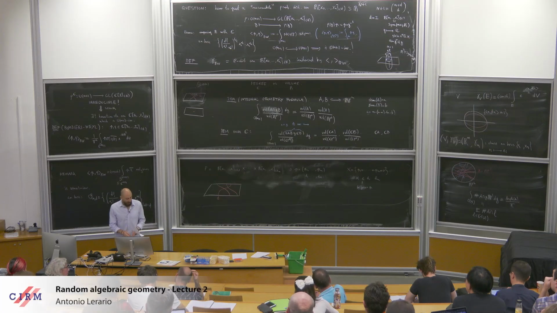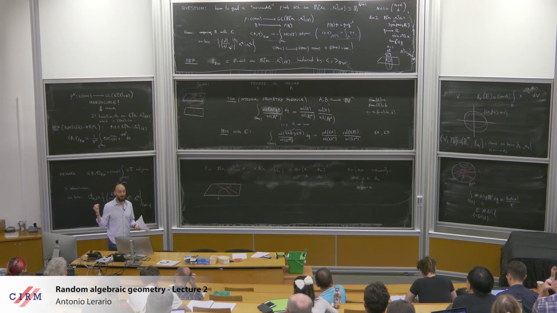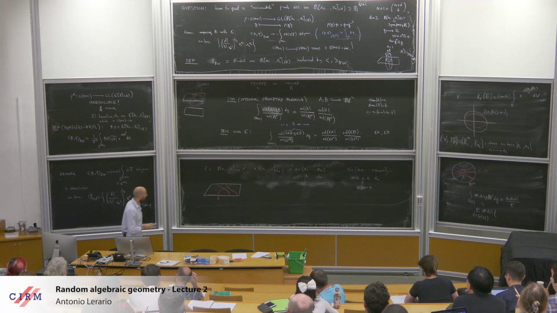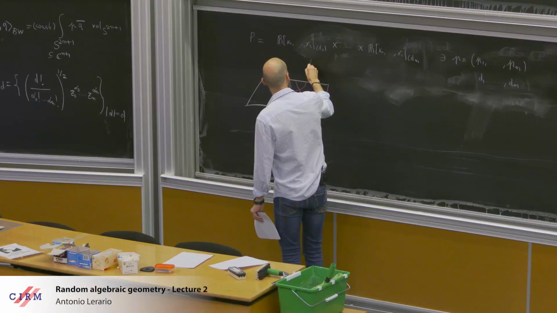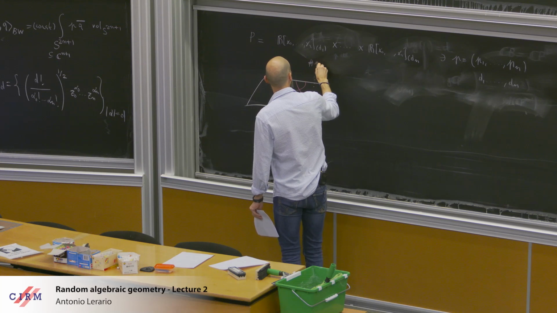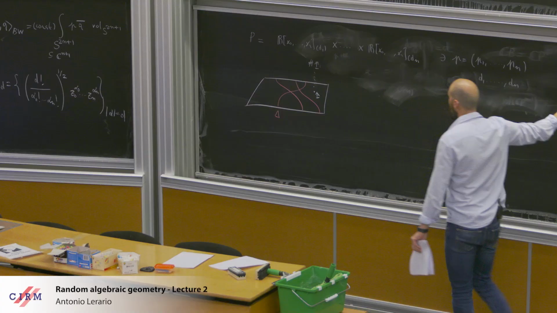Of course, if we work over the complex numbers, this has real codimension 2, so the complement is connected. And now you have a function: every point here, you can count the number of solutions to this system.